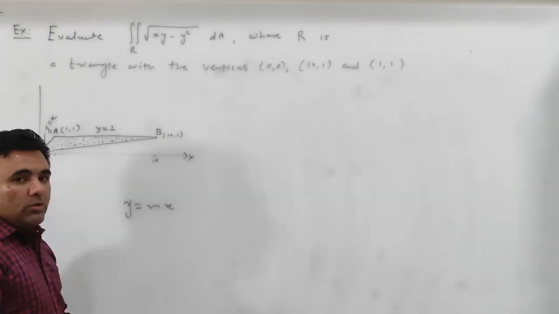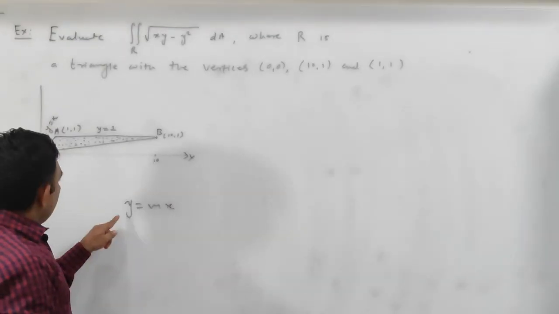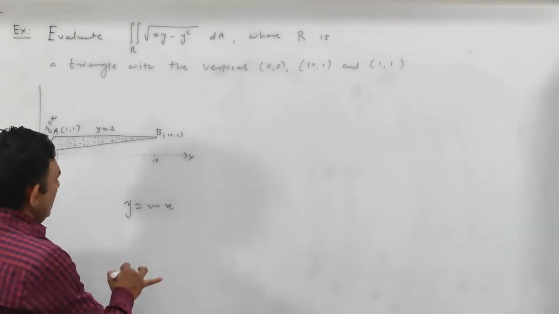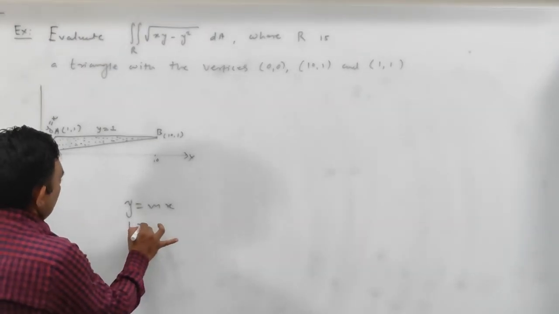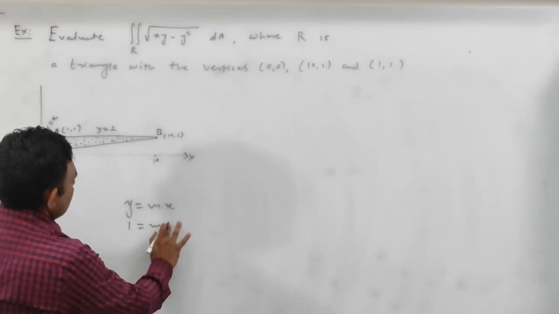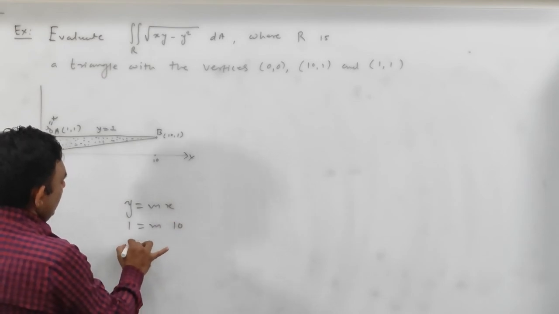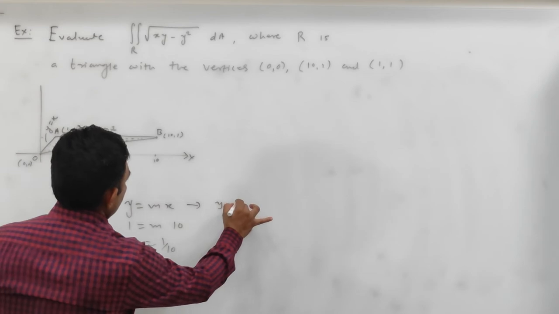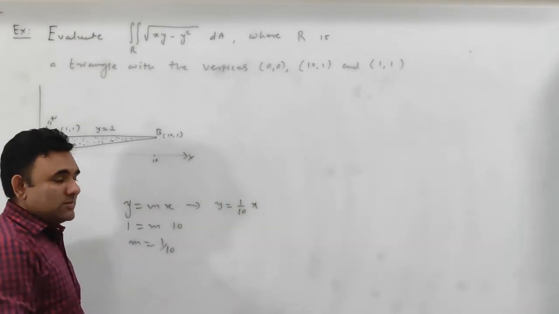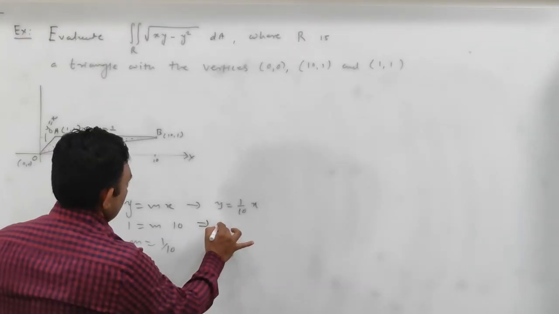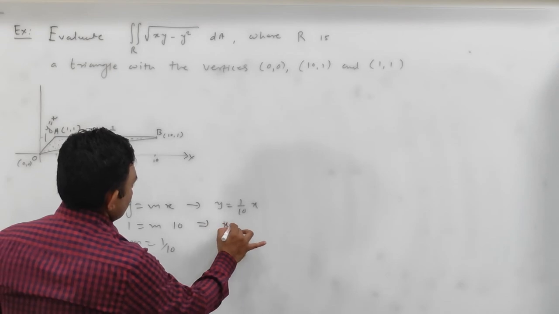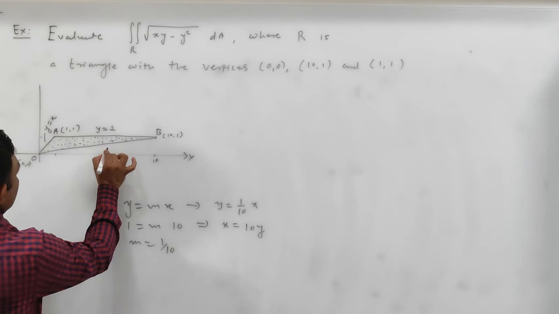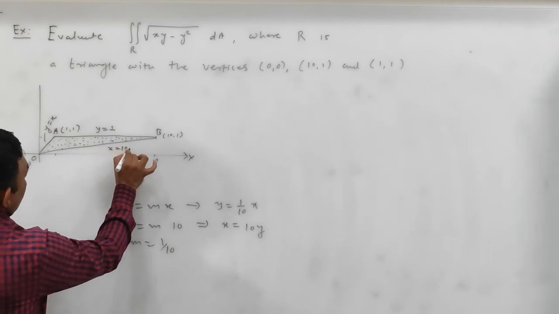Now m is unknown, but this line passes through 10, 1, so the y coordinate is 1 and the x coordinate is 10. So m is 1 by 10. It gives y is equal to 1 by 10 x, so x is equal to 10y. This is the equation of this line.